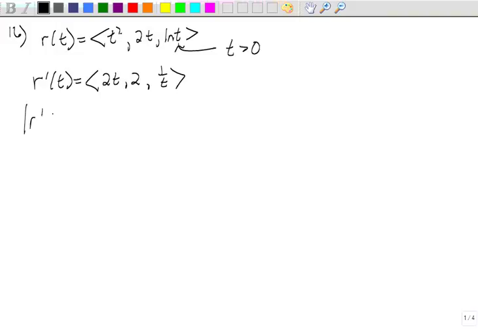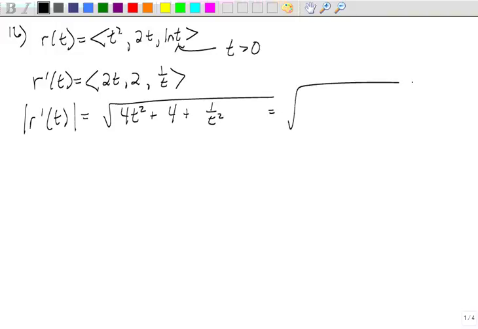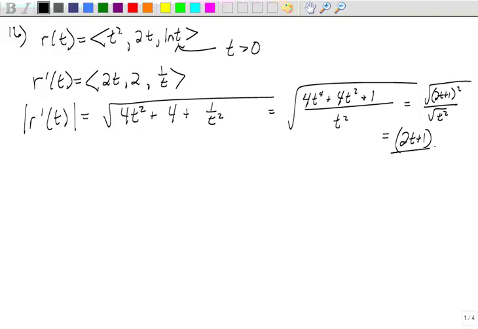So the magnitude is each one of those squared added together. That simplifies. And since t is greater than 0, that's just 2t squared plus 1 over t.